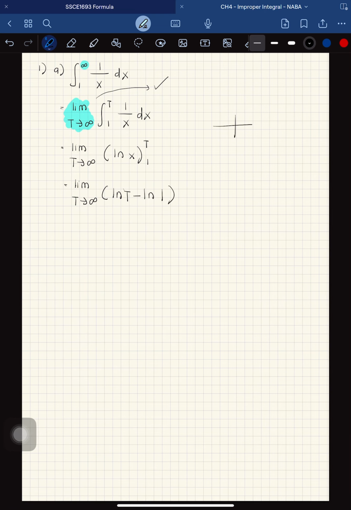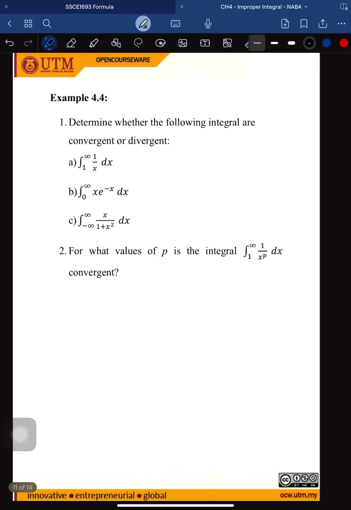This ln 1 is obviously equal to 0. This is the graph of ln, and our t is approaching infinity, therefore ln infinity equals infinity. So it diverges.